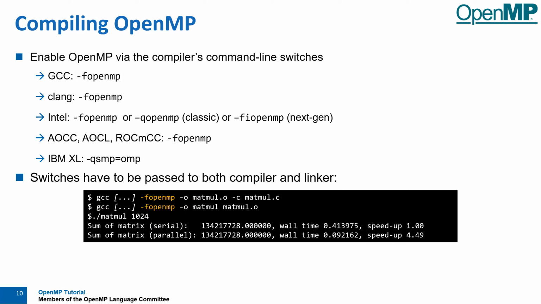This makes sure that not only is OpenMP turned on for the compiler so that it understands the directives, but also that the linker knows to pull in the OpenMP runtime libraries and everything it needs to actually link an OpenMP program. And then when you run it, here you see a nice speedup for a naive implementation of a matrix multiply example.